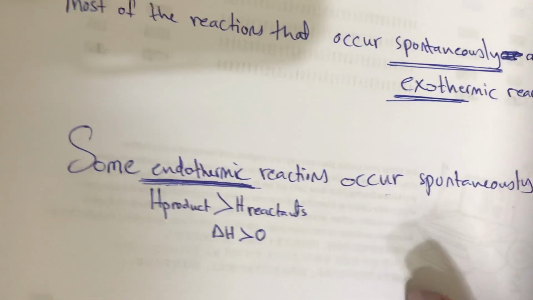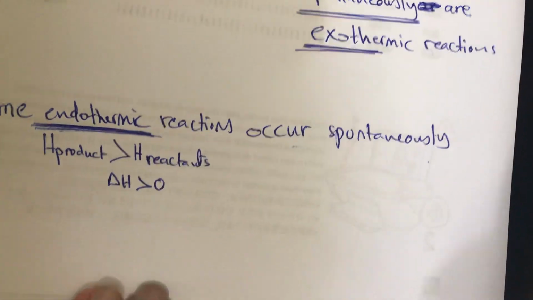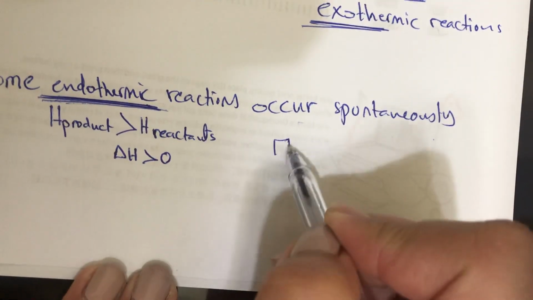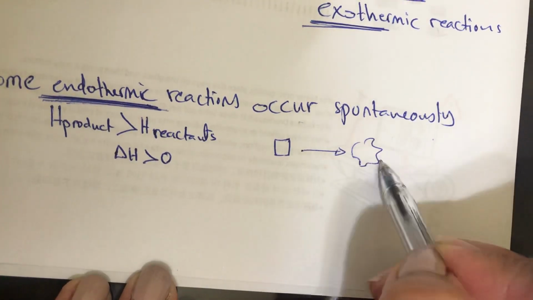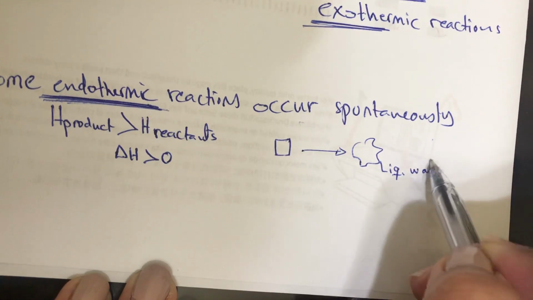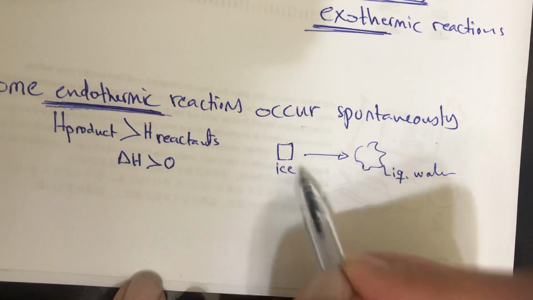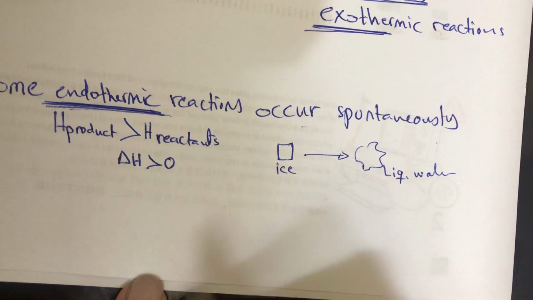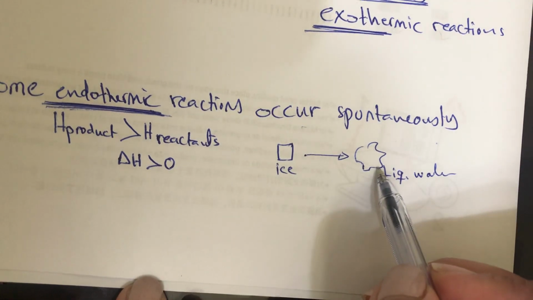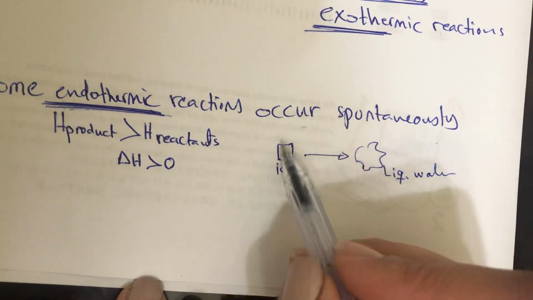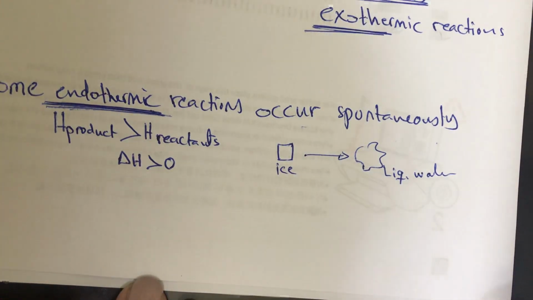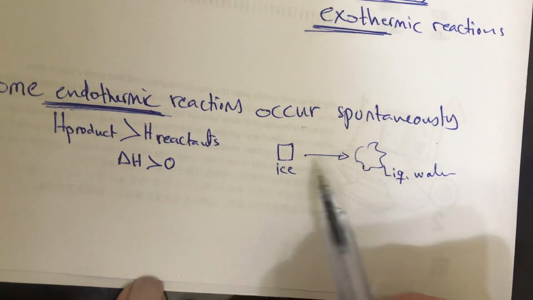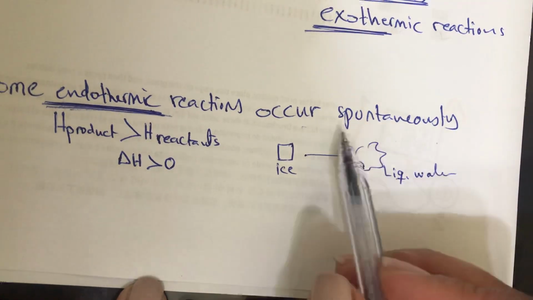For example, melting of ice. If you have ice, it spontaneously melts to liquid water. Why? The energy of liquid water particles is greater than the energy of water particles in ice. So why does it occur spontaneously?